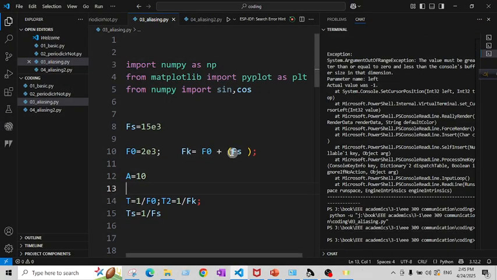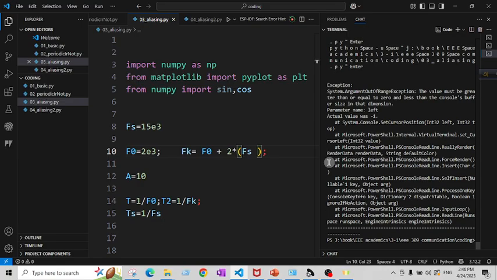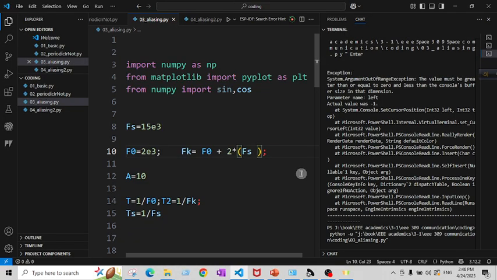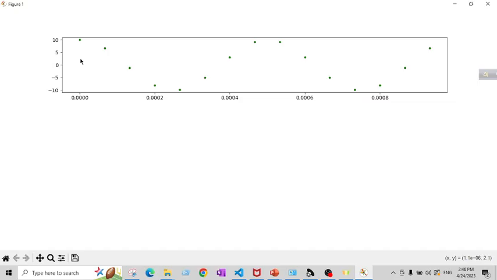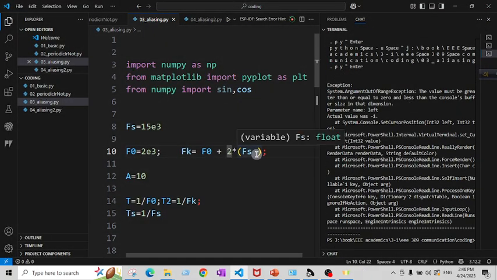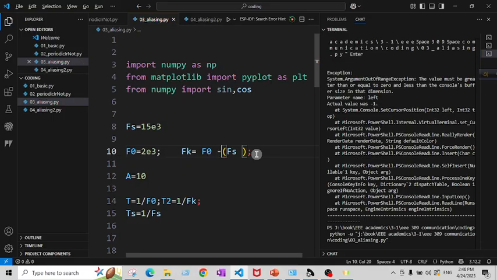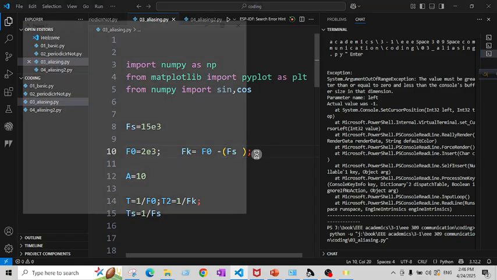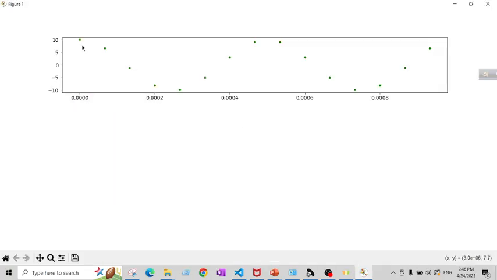Okay, now let's take 2 here and let's see what happens. You see the two signals are identical, they overlap each other. Okay, if I take a negative frequency here, theoretically, let's see what happens. Yes, you see the two signals are identical.